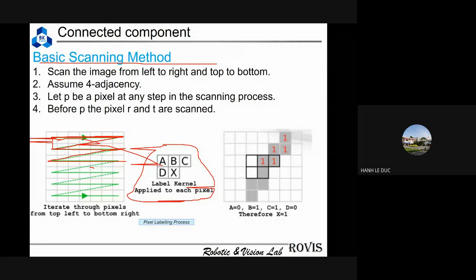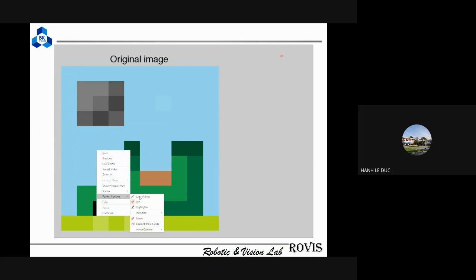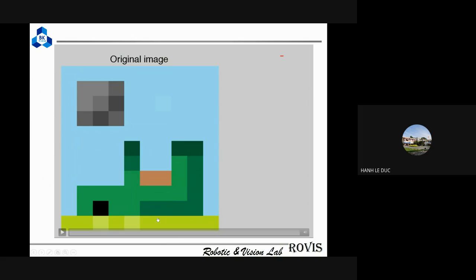Okay, so let's see the example. We have the image here. From this, how many objects are there? So let's see.